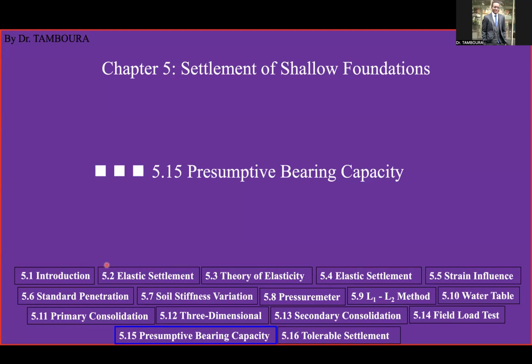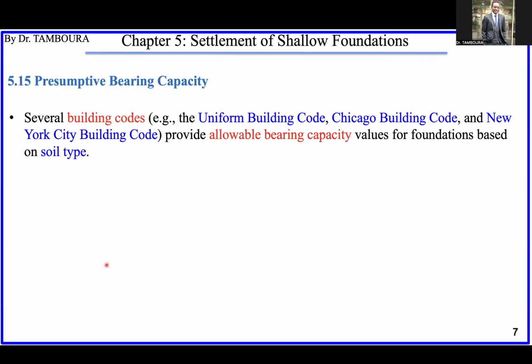The first one, presumptive bearing capacity. This is just one slide, as I said. So if you look in many code, many standard in America and everywhere, a lot of standard are giving some allowable bearing capacity value, okay, based on the soil type.